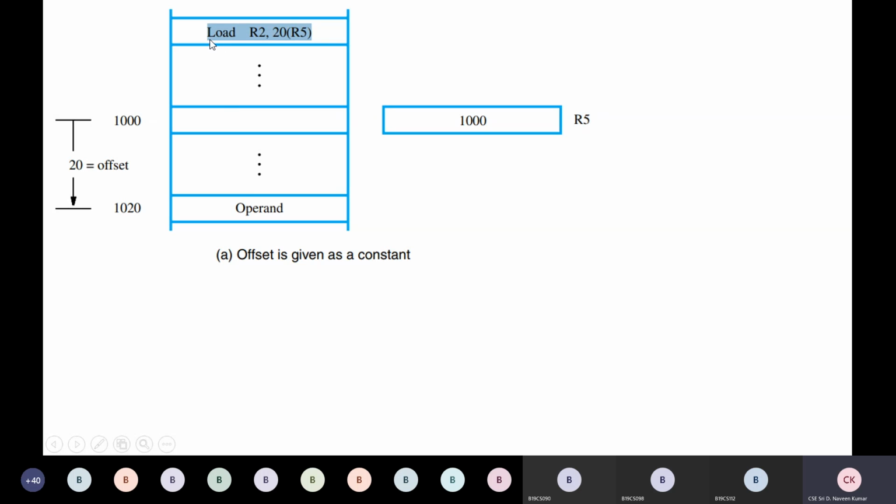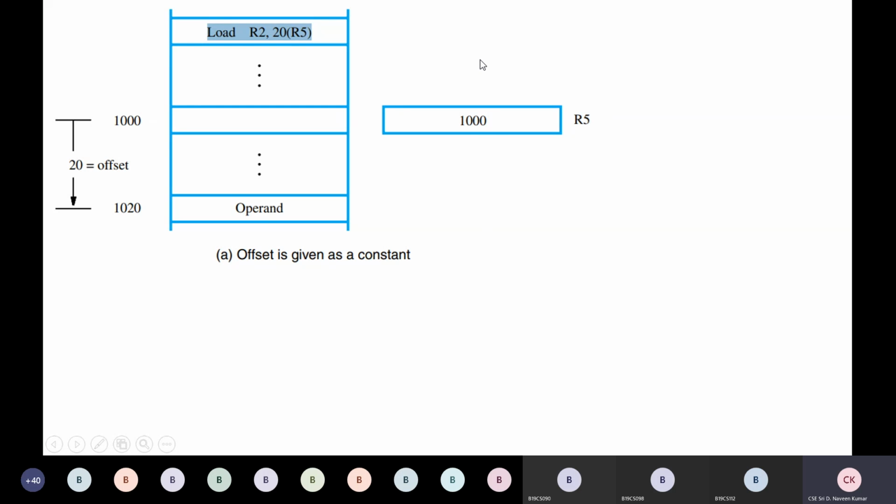You can see the instruction is loaded in 32-bit: Load R2, 20 of R5. When we represent 20 of R5, in what mode? Index mode. Then it checks what is in the R5 register. Remember, this is main memory and this is a processor register.